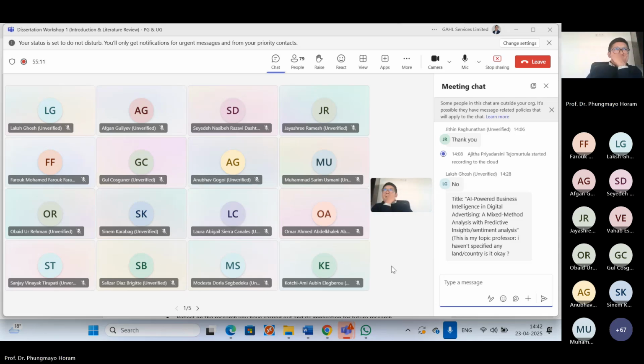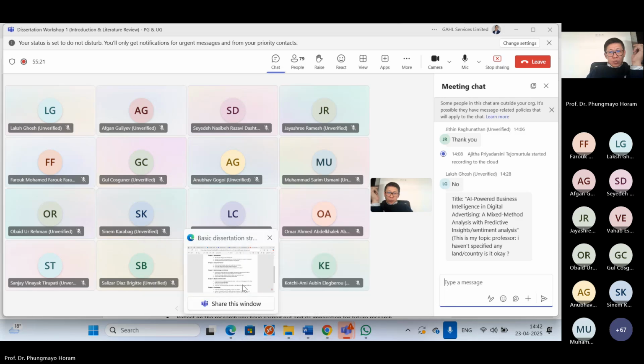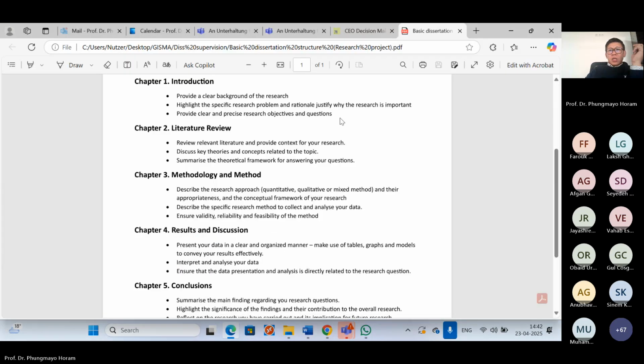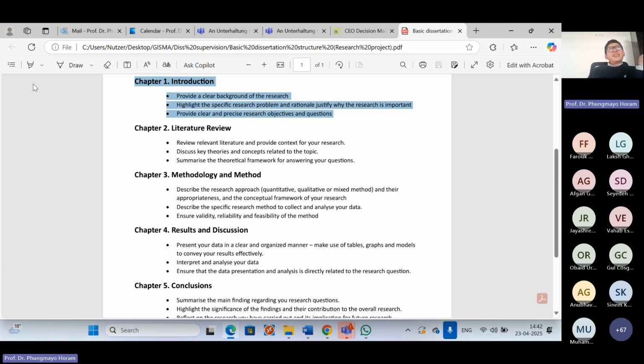Yeah. Now, let me come back and we'll try to summarize. Can someone read this highlighted section?